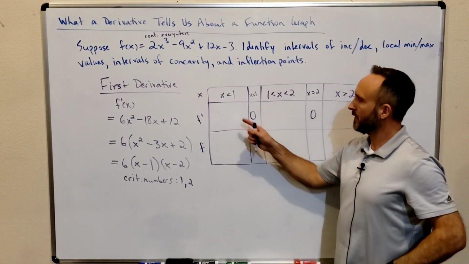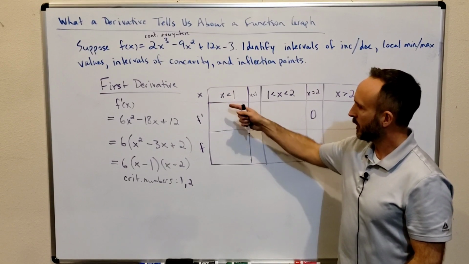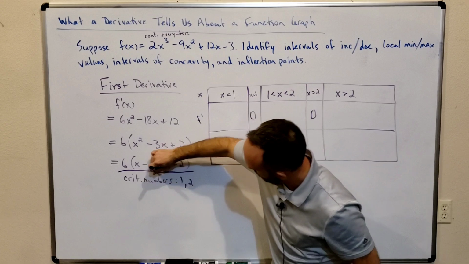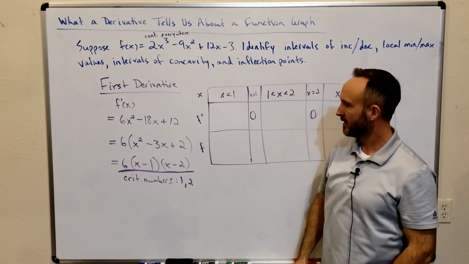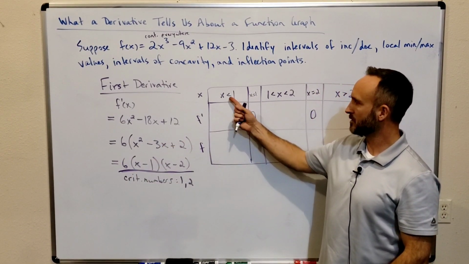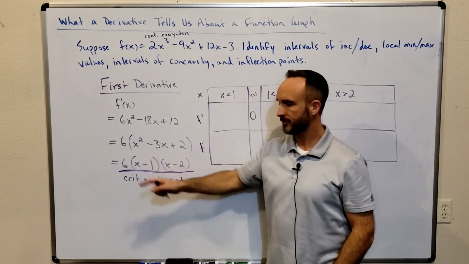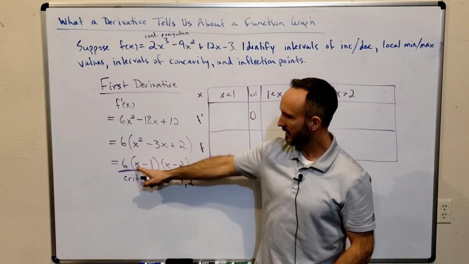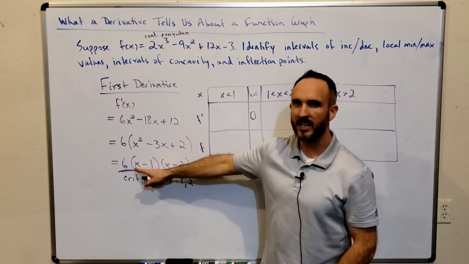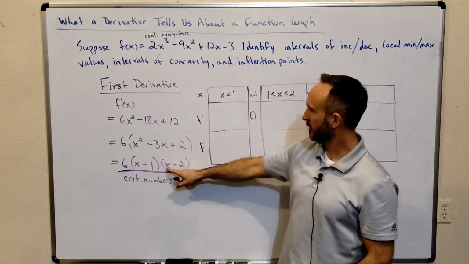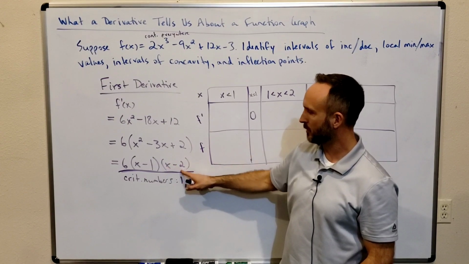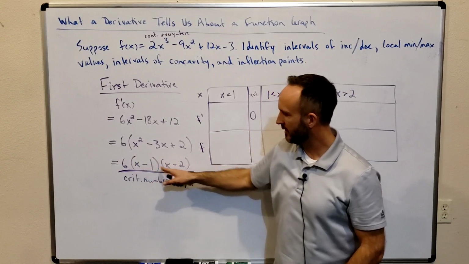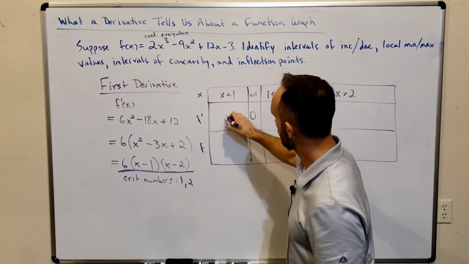So if x is less than 1, I'm going to use this factored version of my derivative f prime, and think of numbers less than 1 to substitute in for x. If I plug any number less than 1 in for x and subtract 1, I'll get a negative number. A number less than 1 minus 2 is also a negative number. So f prime is going to be 6 times a negative times a negative, which is positive.